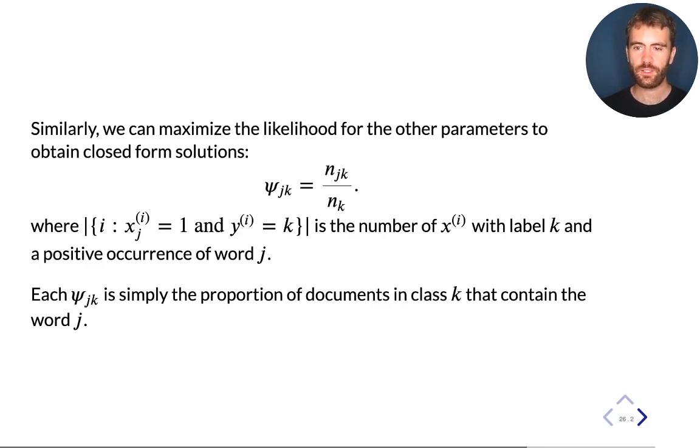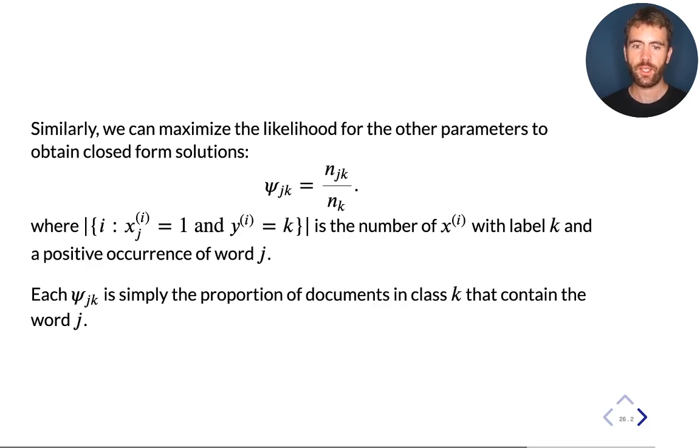Again, this is a really straightforward definition. Essentially, psi jk is the probability of seeing word j in class k, and we estimate it to be simply the fraction of documents in class k that happen to have word j in our training set.